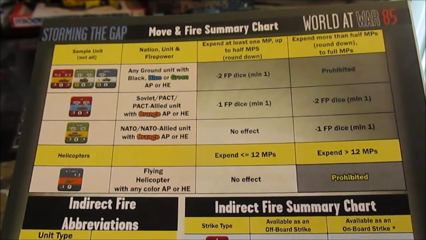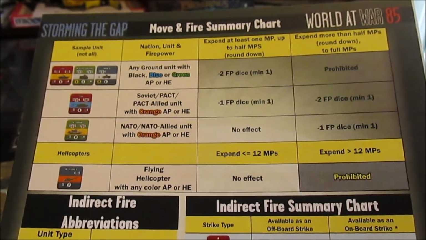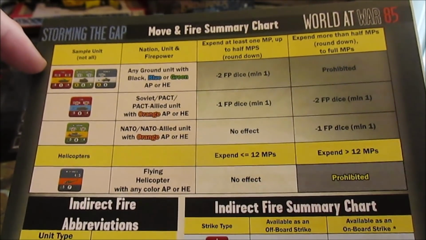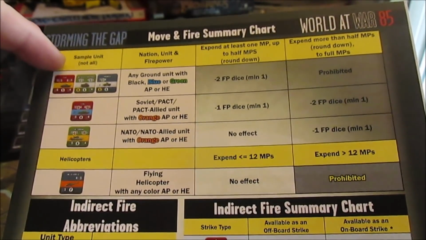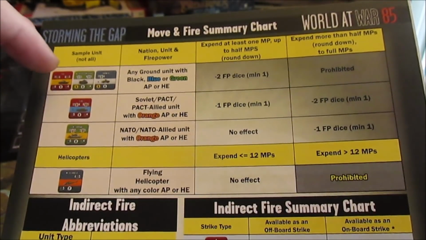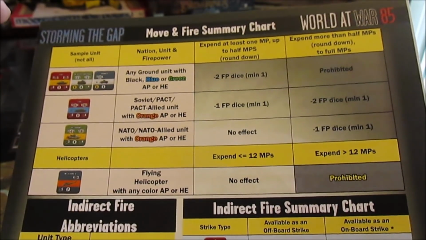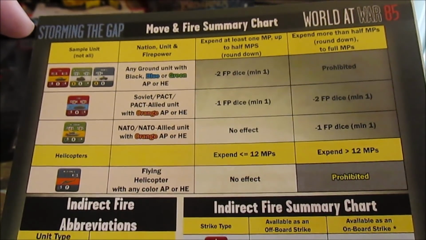Well, in the second edition, they've changed it, and pretty much every unit has the ability to move and fire. So, sample units, obviously not all: Soviet tank, U.S. Bradley, looks like a West German something or other, armored car.